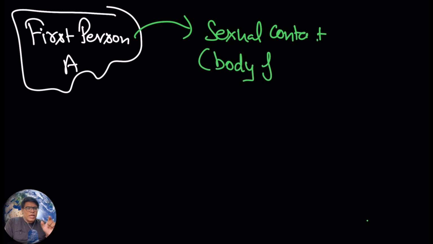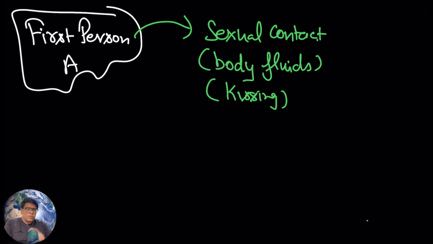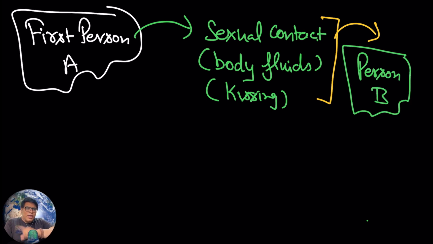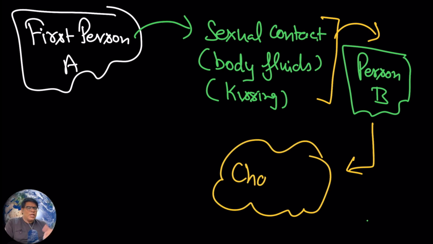Through sexual contact, by exchange of body fluids, or even during kissing, these chancres from the first person A can pass the bacteria to another person B. Keep in mind, this bacteria can be passed from one person to another through sexual contact. That's why we say the disease syphilis is a sexually transmitted infection.